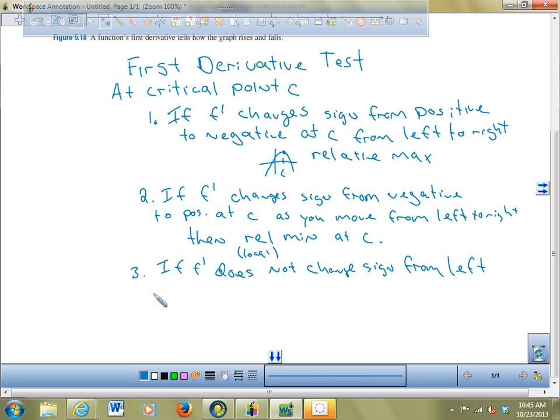Left to right. It just means that there's no extrema there. This means it could be a plateau or it could be a point of inflection, but you just do not have a maximum or minimum.